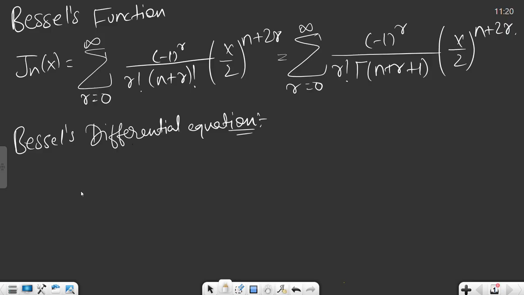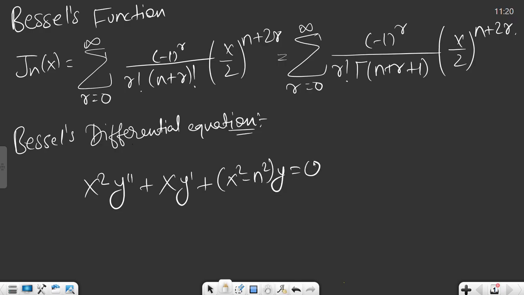So Bessel's differential equation is x squared times y double derivative plus x times y first derivative plus (x squared minus n squared) times y equals 0.